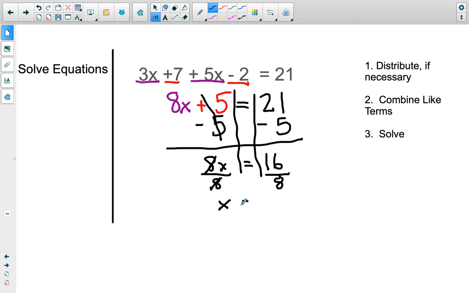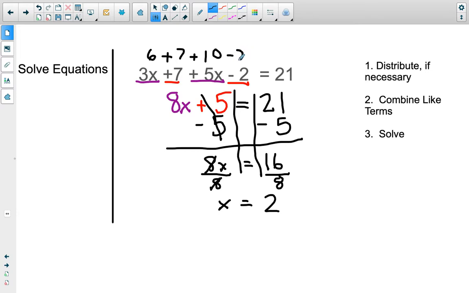equals 2. I'm not requiring you to check all of these problems because they would get kind of long, but let's just do a quick little mental check up here. If x is 2, 3x would be 6, plus 7, plus, if x was 2, 5x would be 10, and then minus 2.